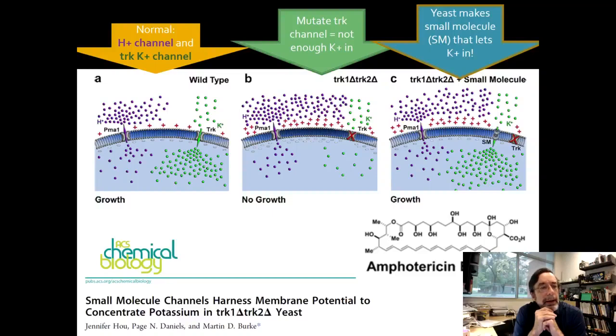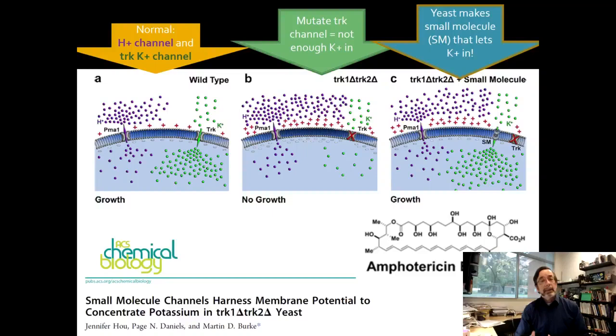Remember, this is all in the context of a living cell, so you have a normal voltage difference, negative on the inside. If you block the channel letting the potassium back in, then the balance between purple and green has been messed up. You'll block it going in, but the hydrogen will still be flowing out. And that will end up with more red pluses. You see in B, you have more red pluses on the outside. The cells are messed up. They are not growing. They're not happy at all.